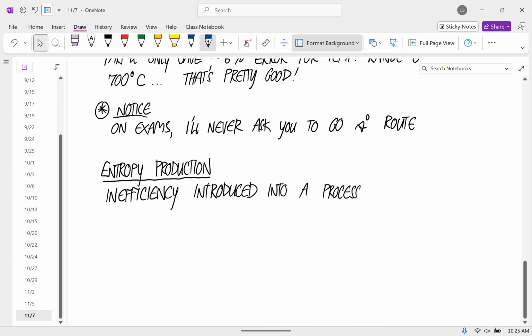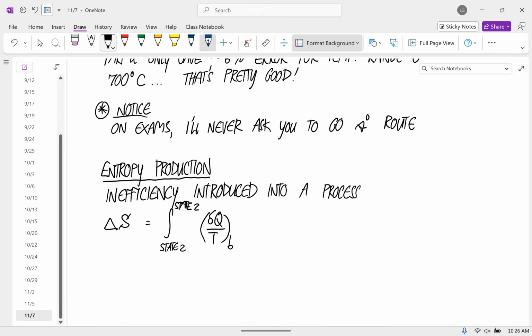Okay, so the change in extensive entropy, so this isn't specific entropy anymore, you have to multiply by the mass to get this, is equal to the integral from state 1 to state 2 of all of the heat transfer divided by the temperature around the whole boundary, plus some value sigma.